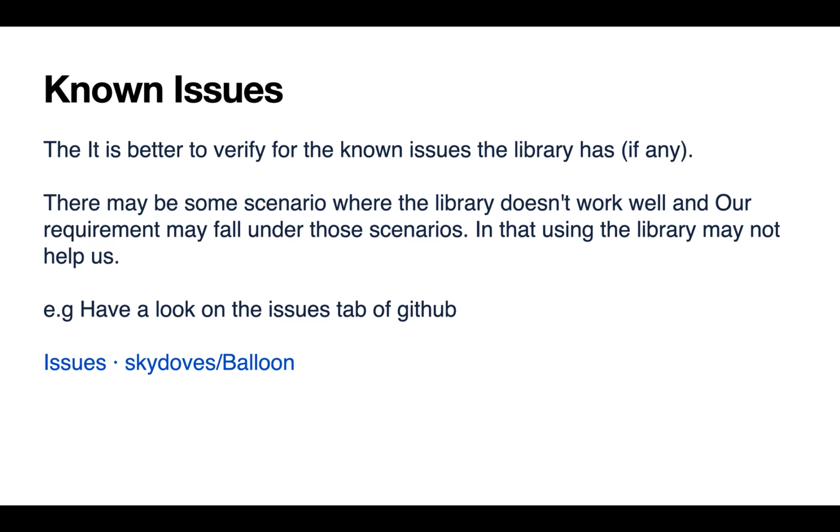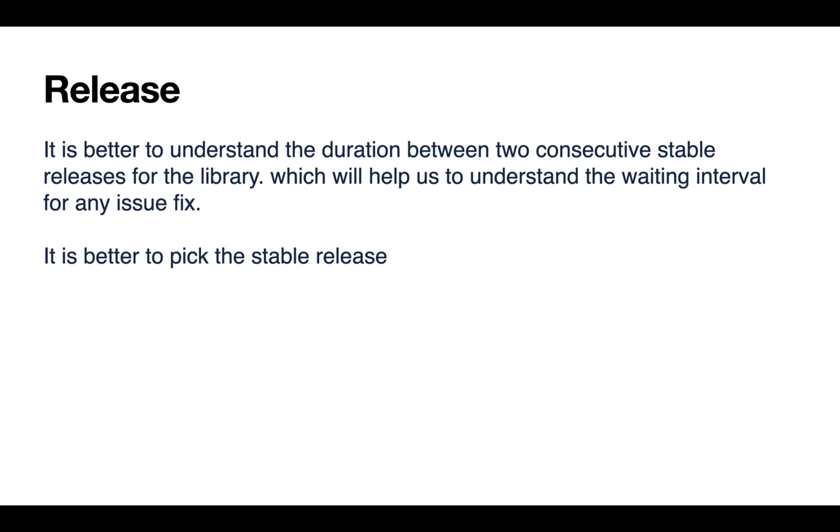So it's better to look into the issues tab of GitHub if it is provided, and go through the existing issues. Next is release, that active development which we discussed. It's better to pick the stable version instead of alpha or beta releases.